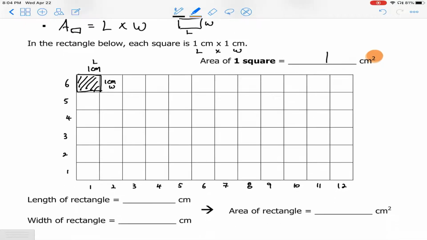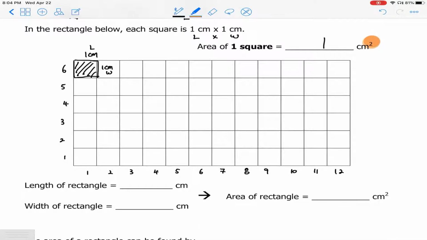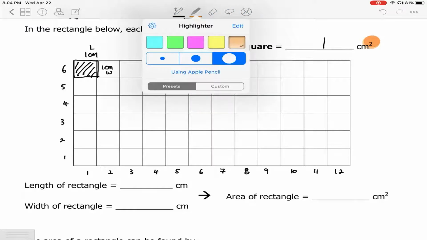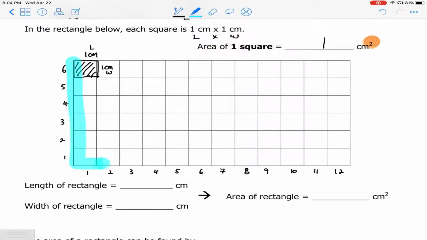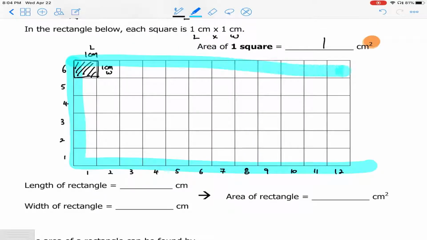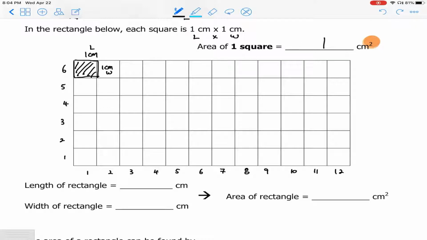If we take a look at this, the long way of finding the area of this big shape is just to count how many of these small squares are inside of the shape. However, that's a little too long. So what we can do is count how long the length is and how long the width is, and then multiply those two together.